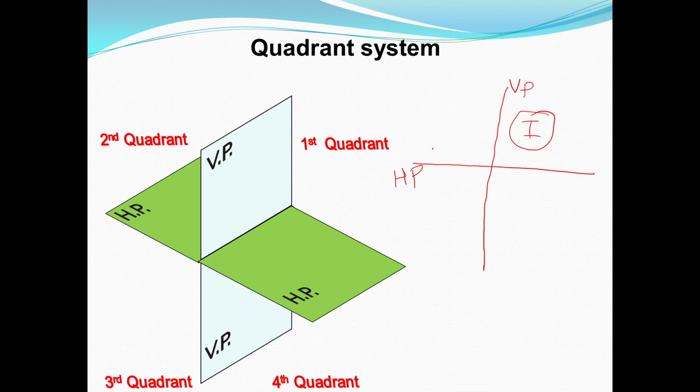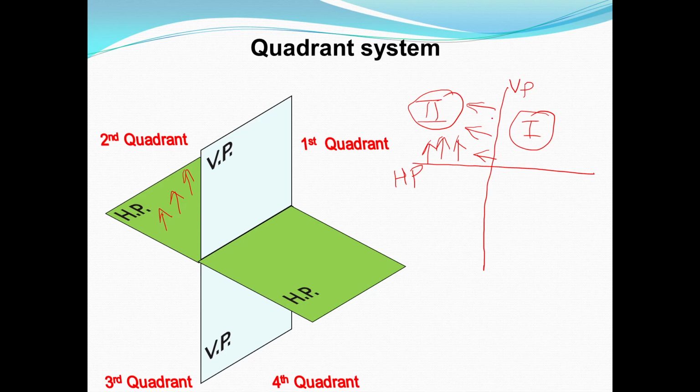Now the first word is above the HP, so this position is above the HP. Here the object is above the HP and behind the VP. You can see here, behind the VP. It means the object is in the second quadrant. So for the first quadrant, above the HP, in front of VP.